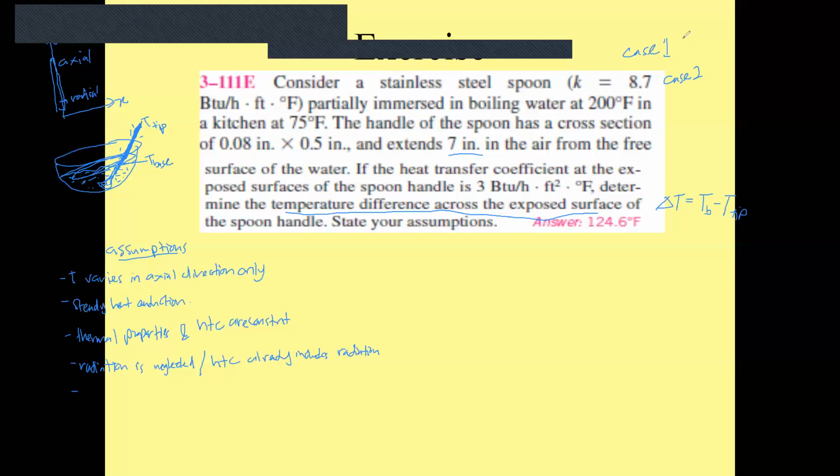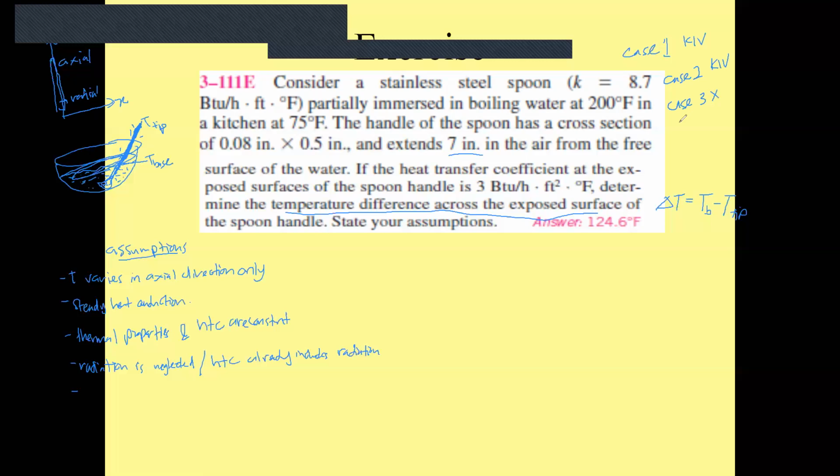So case number 2 is mostly possible, right? This is KIV, this is possible. What about case number 3? Case number 3, of course not. There's no temperature at all stated for the tip. So case number 3, no. What about case number 4?